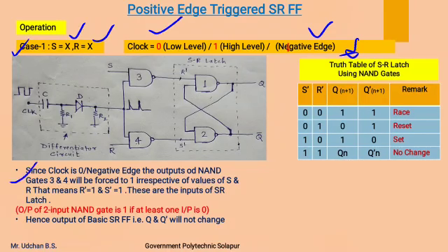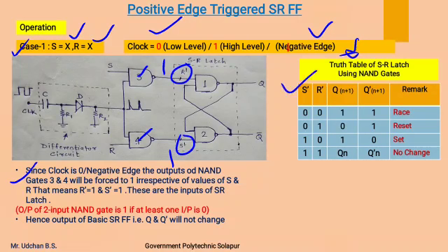So if clock is 0 or negative edge, then the output of NAND gate 3 and 4 will be forced to 1, irrespective of values of S and R. That means this R dash and S dash will become 1 1, which are the inputs of the SR latch.